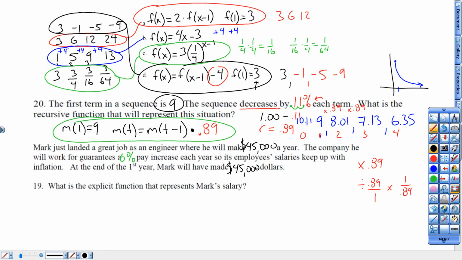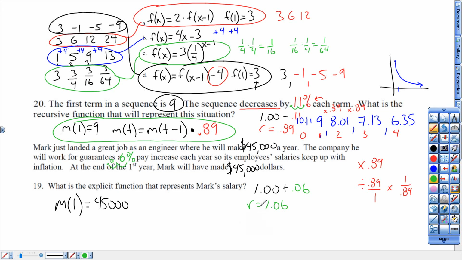Blue. So for this one, at the first year, the first term, 45,000. Since I am going up, I take 1 and I add 6%, change to a decimal. Remember, take that decimal twice to the left, gives you 0.06. So if I add that, this is going up by 0.06. That is my R number.